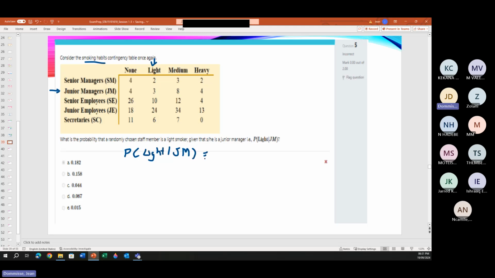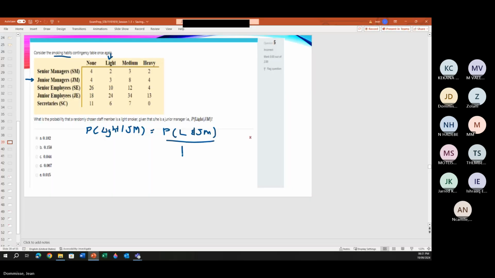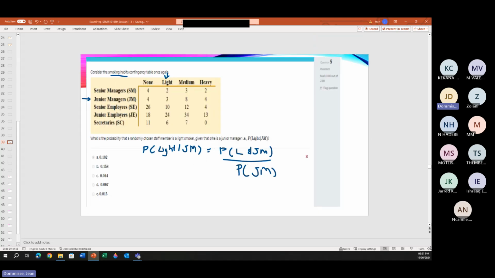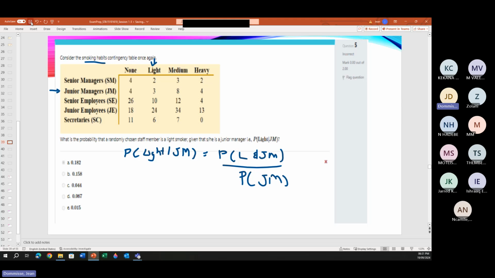So that is the probability of light and junior manager divided by the probability of junior manager. Let's just get the screen back to size. Probability of light and junior manager, that's a small number, only 3.